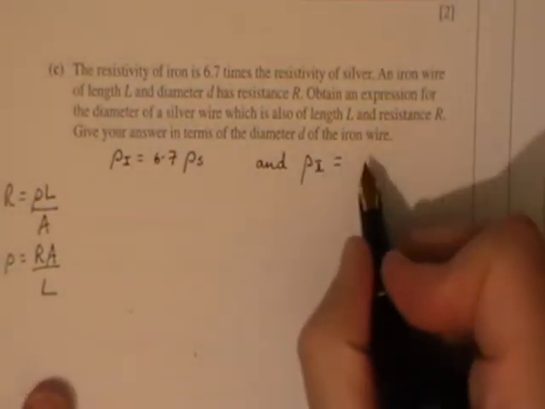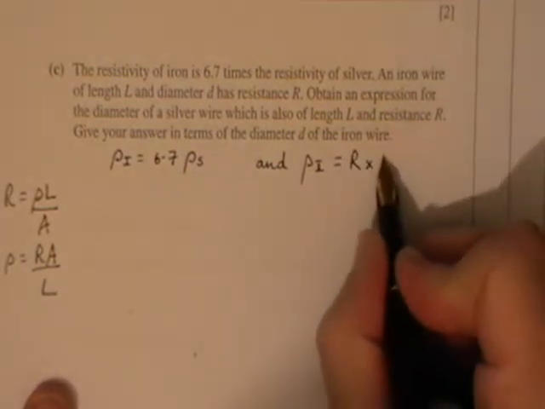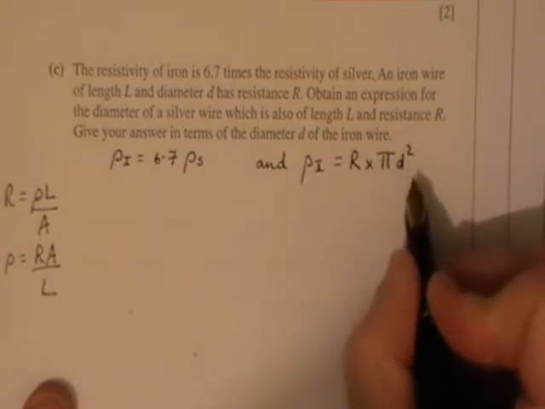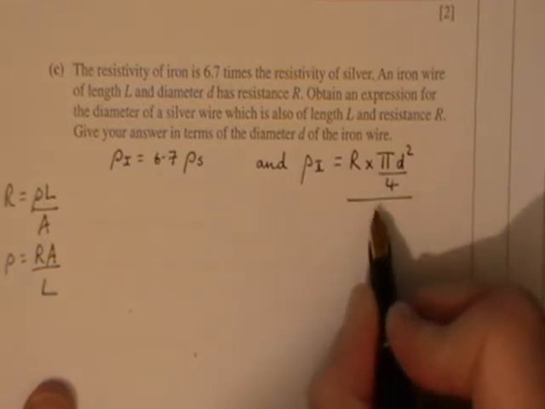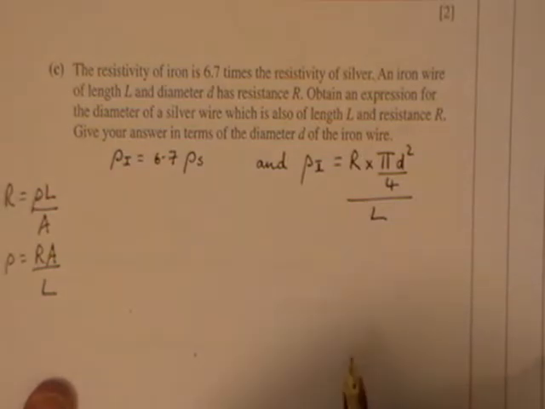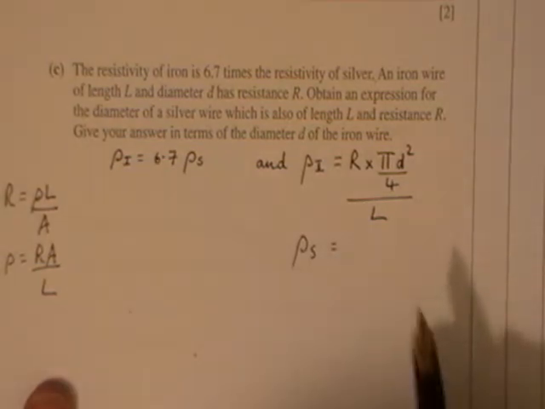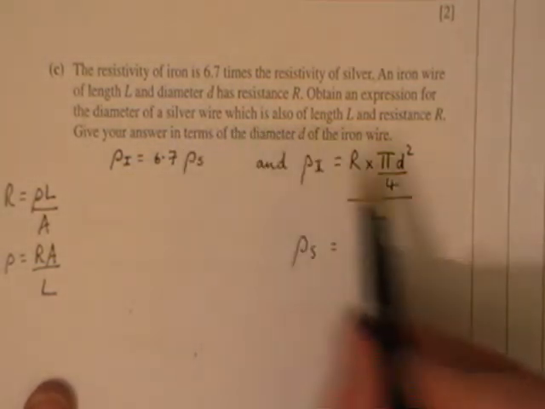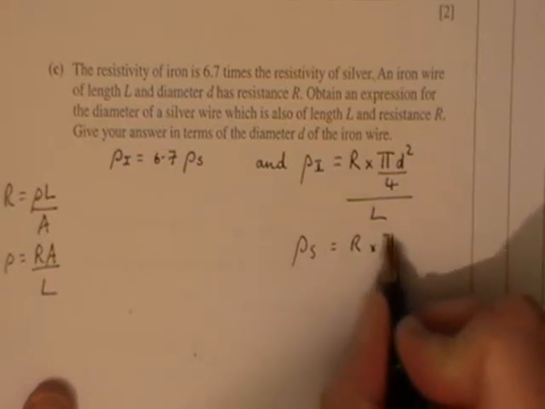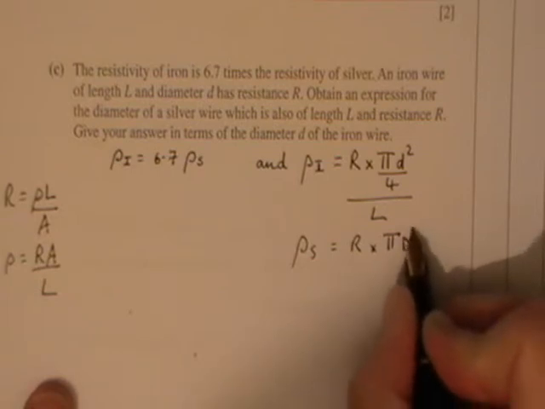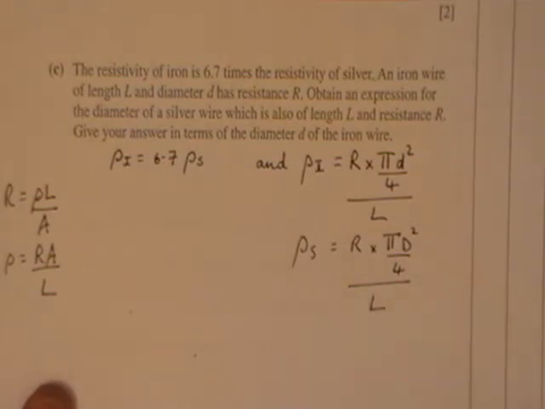So that means that rho of I is equal to the resistance, which is R, times pi times d squared over 4, divided by the length, which is L. The resistivity of silver then is equal to, well, it's got a diameter of silver wire, which I'm going to call capital D, so that's the same resistance times pi D squared over 4 times L.